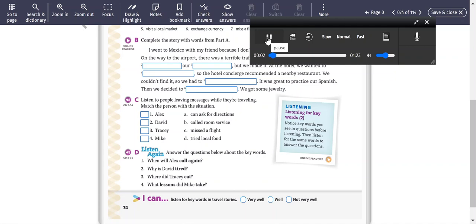1. Mom, it's Alex. I'm calling from the airport. Listen, I'm sorry, but I won't be home tonight. I was a little late and the plane took off without me. There won't be another one until tomorrow afternoon at 4:40. I'll call you again tomorrow morning. Bye. 2. Hi, Dad. It's David. We're having a fantastic time. The weather's great, and we're just relaxing at the hotel room. We just ordered some food from the hotel's restaurant because we're tired from all the walking and sightseeing. 3. Hi, Mom. Hi, Dad.